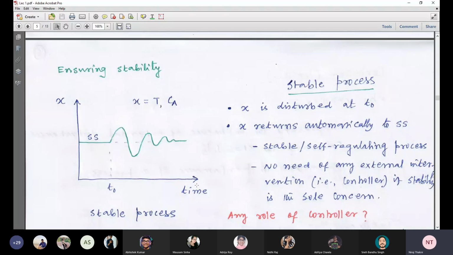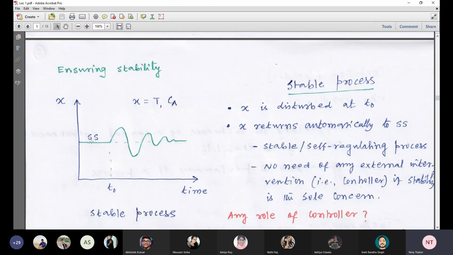Recall that we first start a process and then we bring that process to steady state. After achieving steady state condition, as I mentioned in the last class, we employ the controller. This is the usual way we employ the controller.